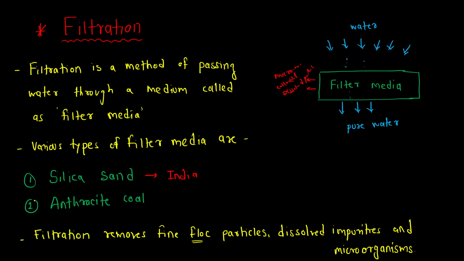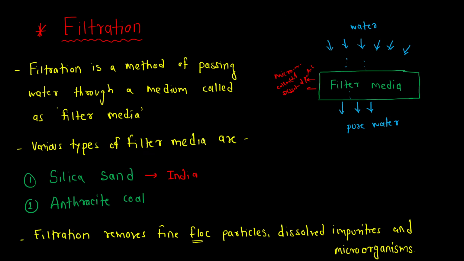Now the last classification is based on the number of filter media present. We have seen that there is a filter media which is required for the filtration of water.